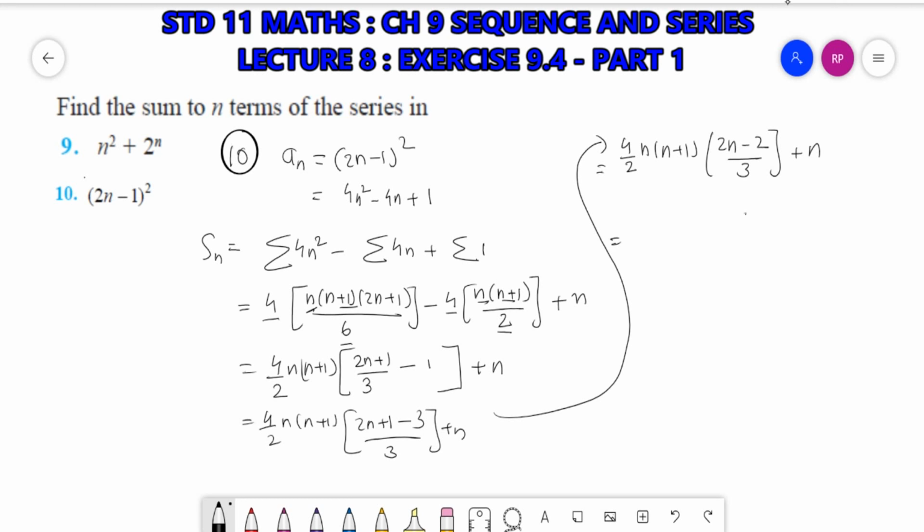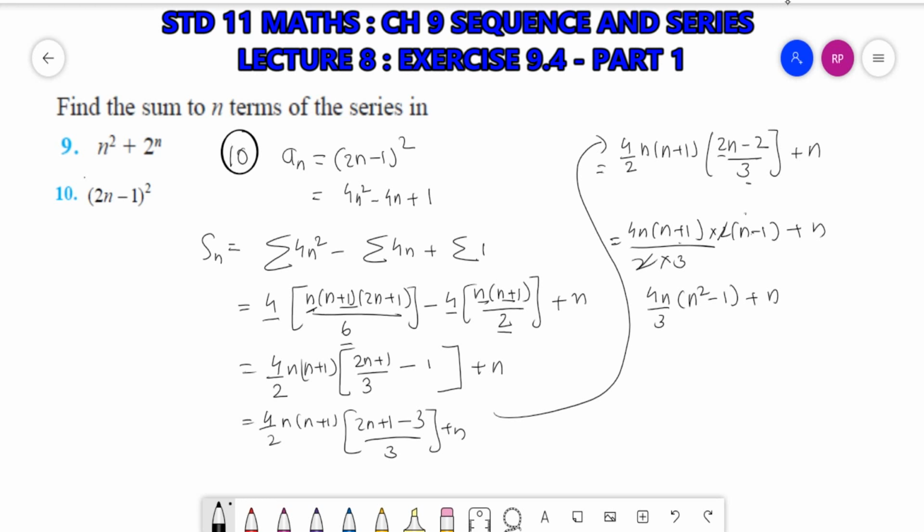So I can take 2 common here. So 4n, n plus 1 upon 2. I can take this 3 also outside. 2 common, so it's n minus 1 plus n. 2 gets cancelled. So it will be 4n by 3 into n plus 1, n minus 1, that is n square minus 1, plus n.